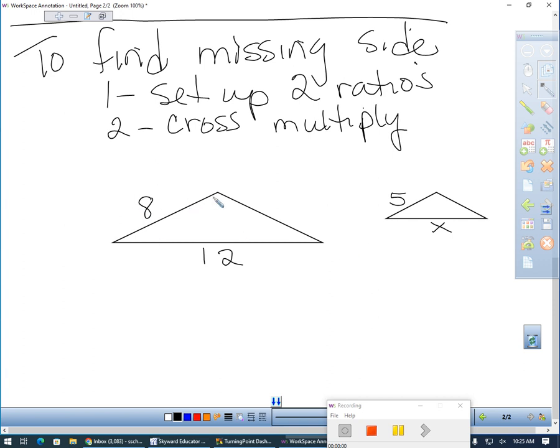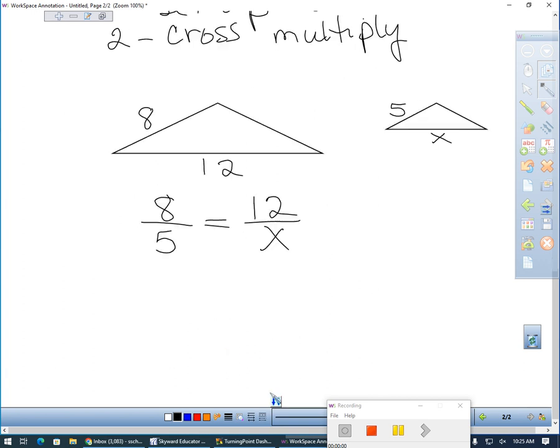All right? So we're going to take the big triangle, this side, which is 8, over the little triangle, the same side, which is 5. Equals. Because they have to be the same ratio, the same proportion. Then I'm going to take the big triangle on the bottom, which is 12, over the little triangle on the bottom, which is the unknown side, which is x. Is there any question how I just set that up?